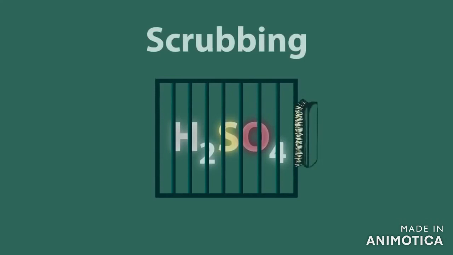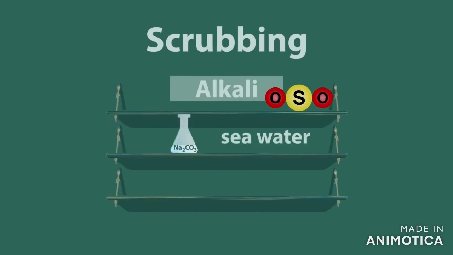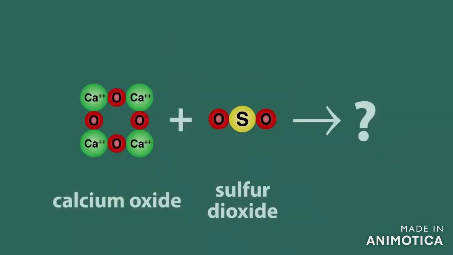The kind of scrubber we need in this case is an alkali to react with sulfur dioxide. Either seawater, which contains a little bit of sodium carbonate, or lime, calcium oxide, is used. Can you think what reaction will occur with calcium oxide and sulfur dioxide?